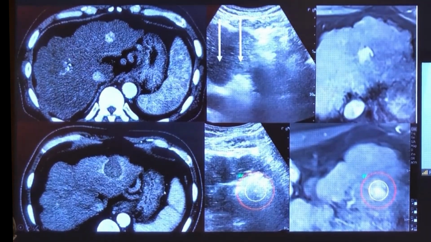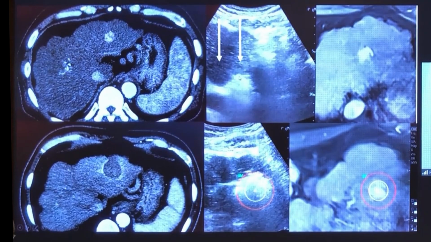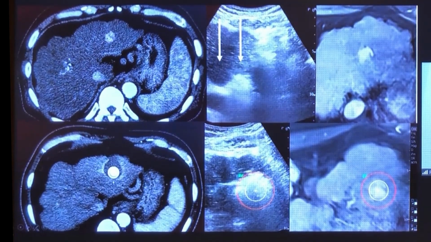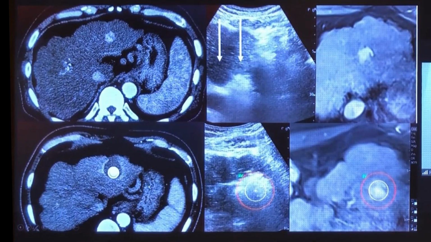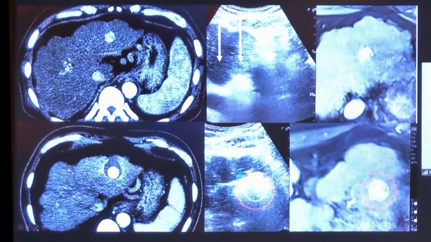So if you ask the 7 questions, you can find what my mistake was when I inserted this electrode. The tumor was here. Definitely the ablative margin is not enough, just 1 to 2 millimeters. So I recommend we have to learn from every case, even the simple case.